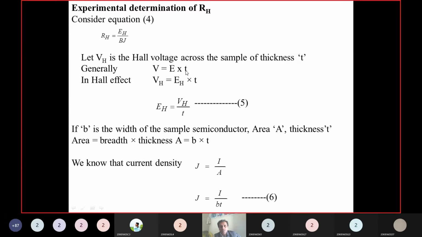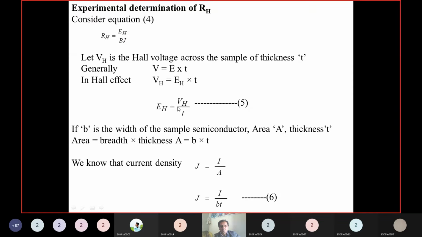Therefore VH is equal to EH into T. So there is a relation between the Hall electric field and Hall voltage: EH is equal to VH by T. Let us take this as equation number 5.